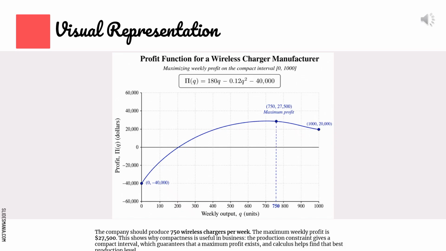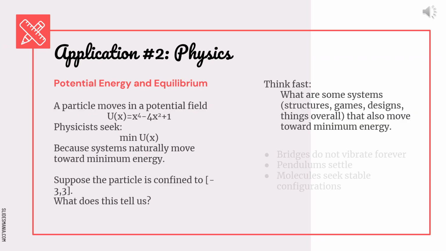And that's where you want to stay. You don't want to stay at 1,000, making 1,000 chargers, which gives you a profit of 20,000. So with making less, which is 750, you actually make more money. And if you make zero chargers, you end up with a loss of negative 40,000.